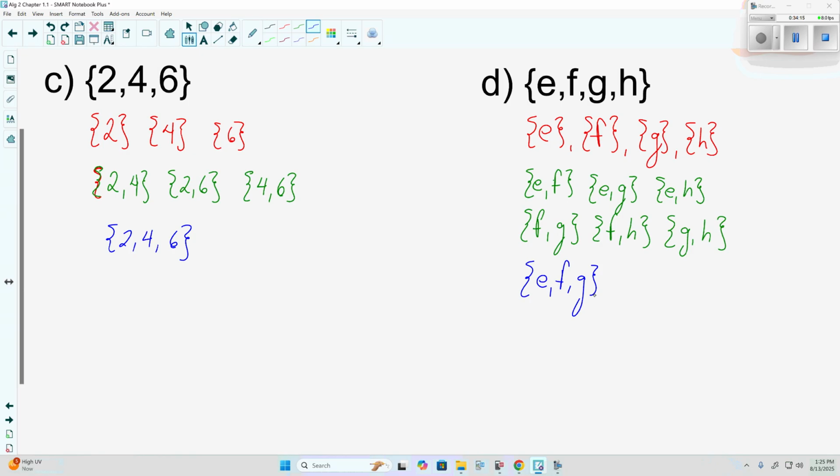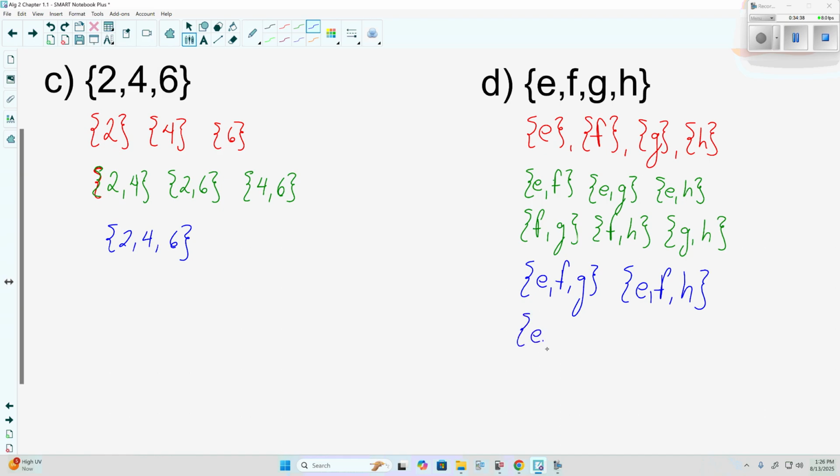So in that case it's E and F because we could have E, F, G, but we could also have what? E, F, H. E, F, G, E, F, H. Are there any others we can do with E, F? No, right?